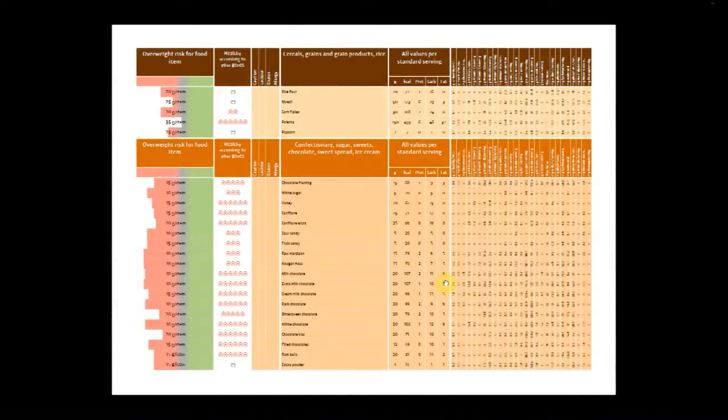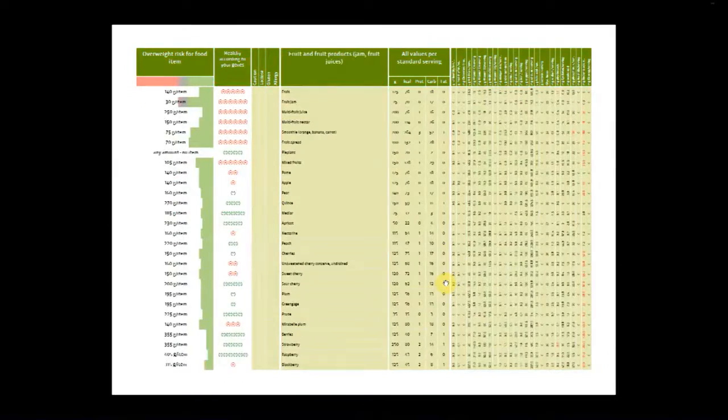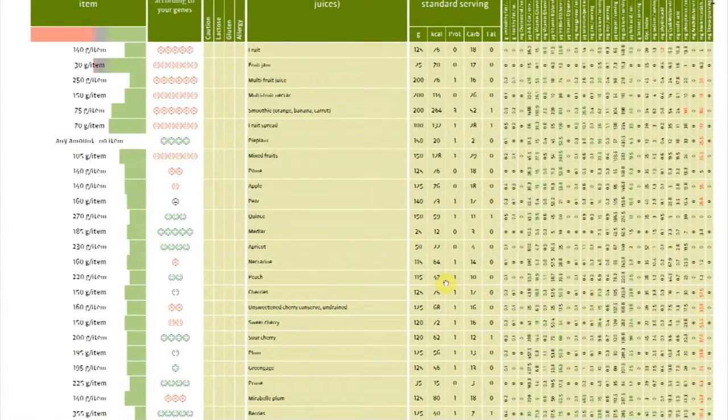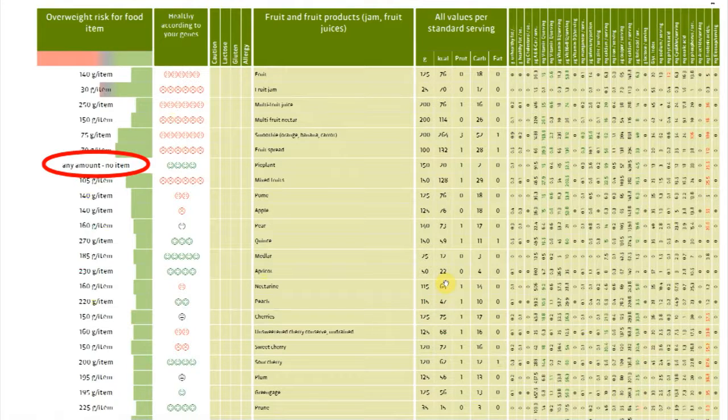Also for the weight management stuff, when you look through your table, you will have found something that looks like this. Any amount, no item. This means that the calories contained within this food are so insignificant, so small, that it doesn't really matter how much you eat of it.